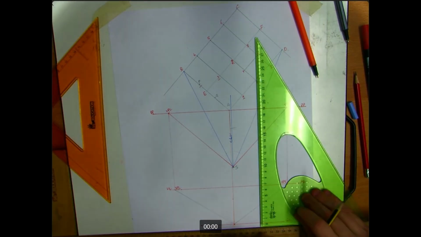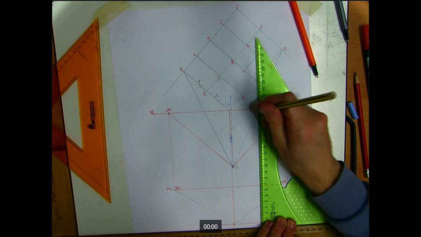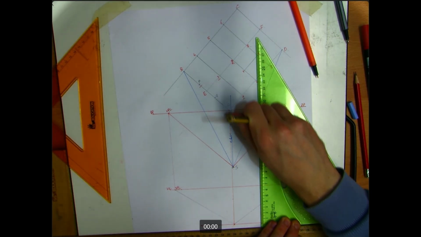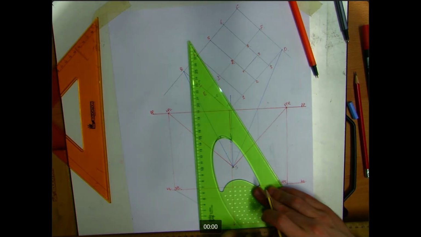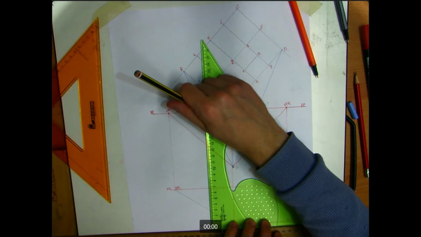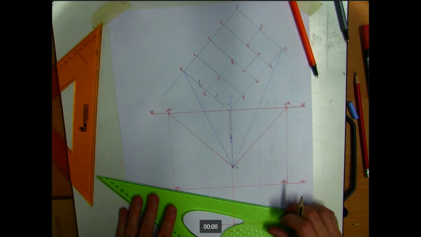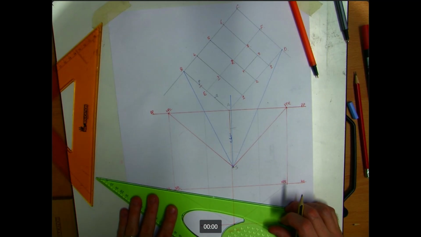I will then bring down my point D, B where it hits the picture plane. My height of 45 will go across to the VPL and to the VPR.